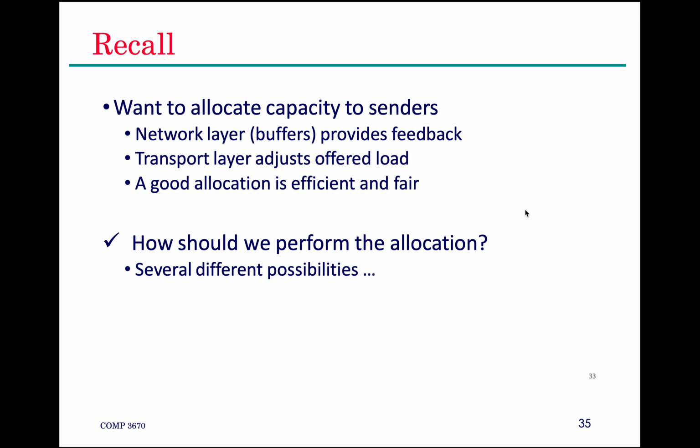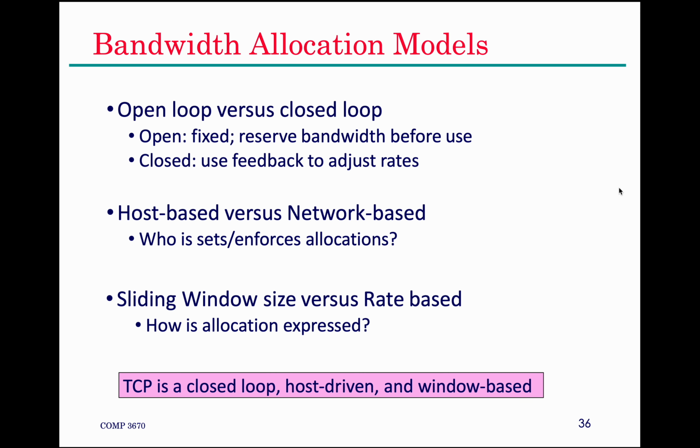So my goal as a network person should be to make sure that it's fair between them, so all of them have the ability to send on the network relatively equally between them, and that the network, the bandwidth, is being used efficiently. So how do we perform this good allocation? Well, this is what the AIMD protocol is used for.